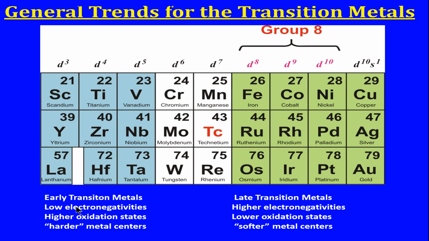The early transition metals have low electronegativities with respect to the late, and they have higher oxidation states. The late transition metals have higher electronegativities and lower oxidation states.